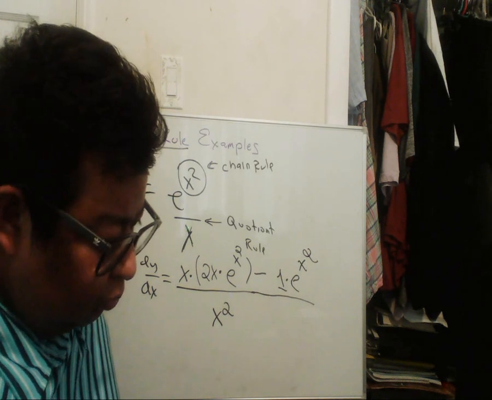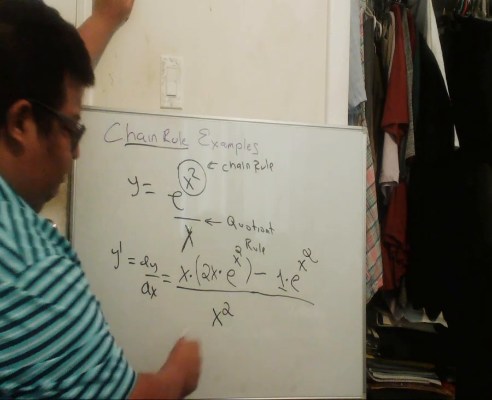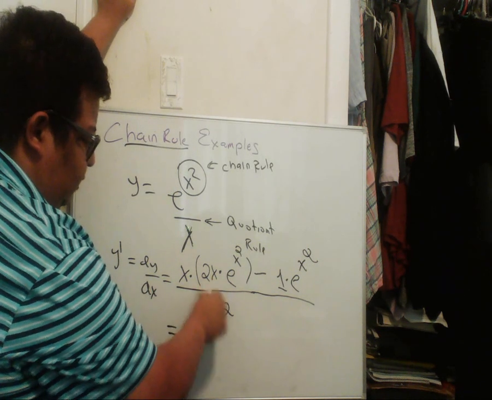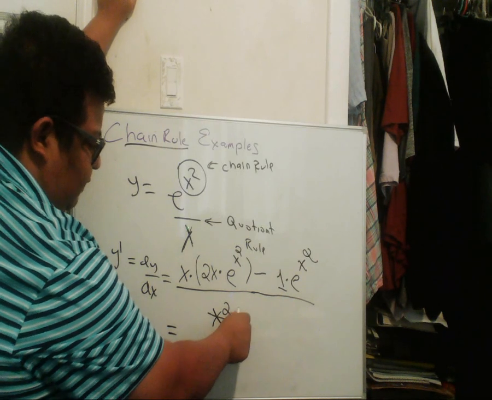We can simplify this by multiplying the top things. First we can cancel this one, and we leave an x.